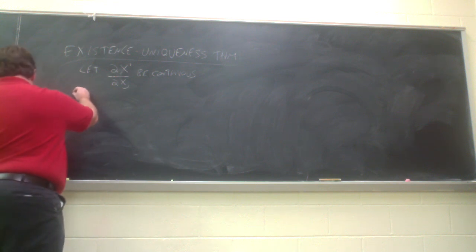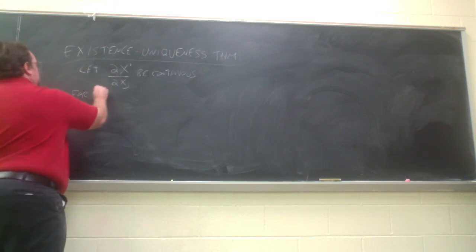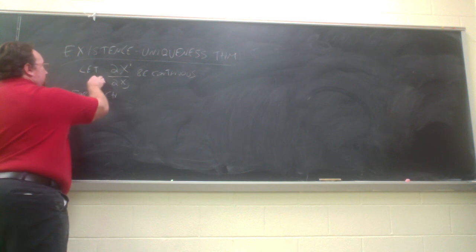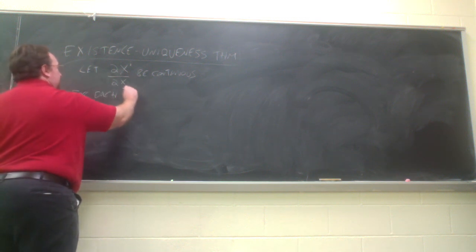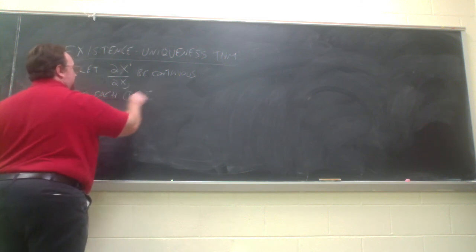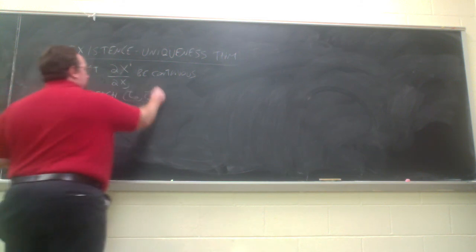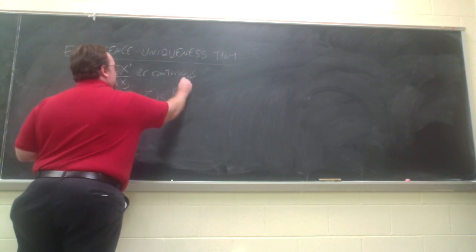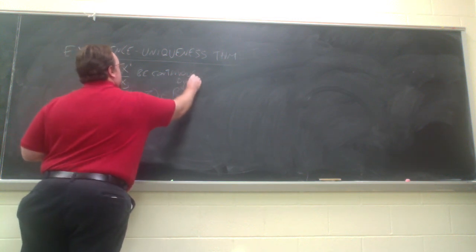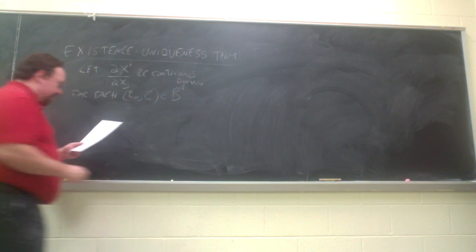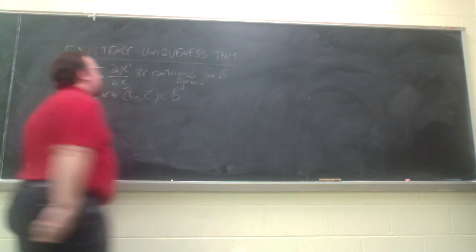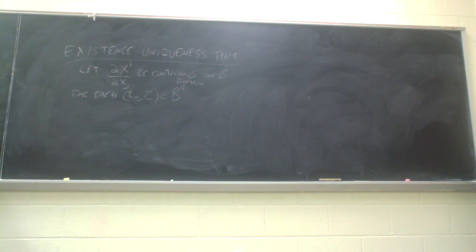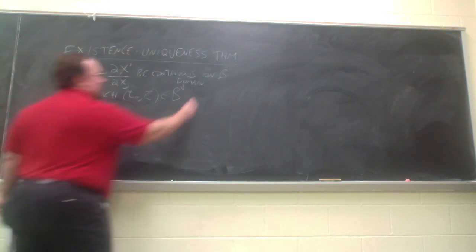So that's the main assumption that we need to prove existence and uniqueness. For each initial point, so here's your initial time, here's your initial data, in your domain of your time-dependent vector field, we're assuming that the first partial derivatives are continuous on that same domain B.